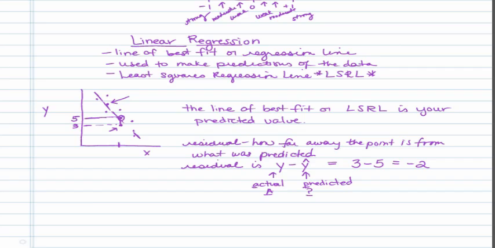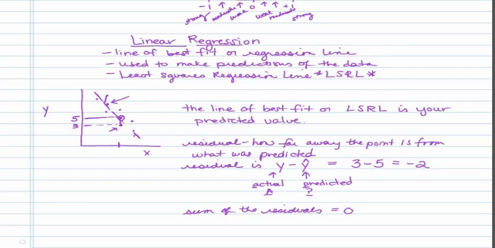What would happen is some of these residuals are going to be negative, and like the ones above this line, for example, this one from up here, this is going to be a positive residual. The idea is that if you sum up all of the residuals, it should equal 0. It should balance out.